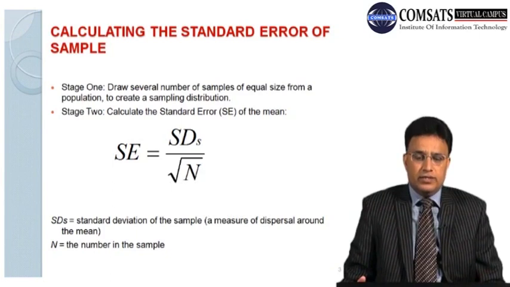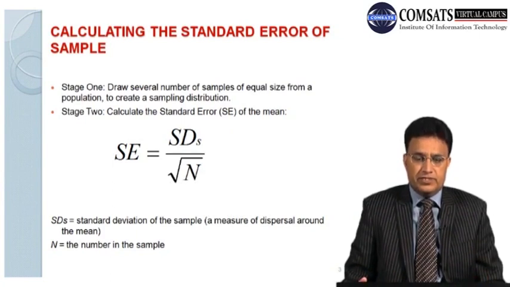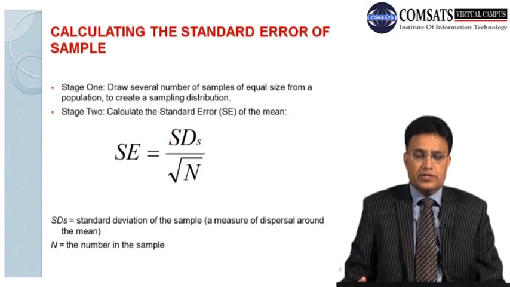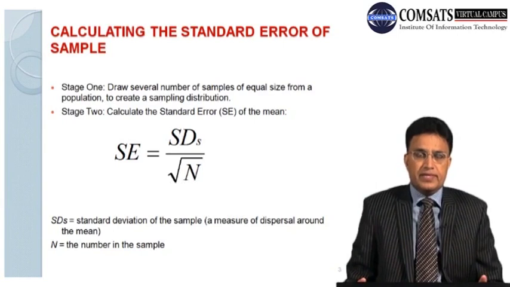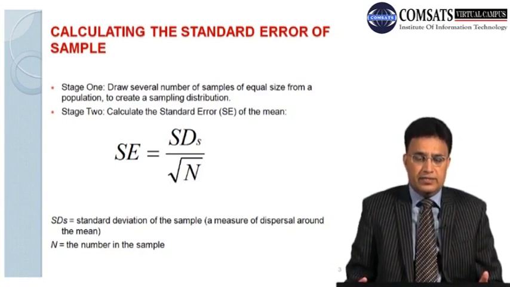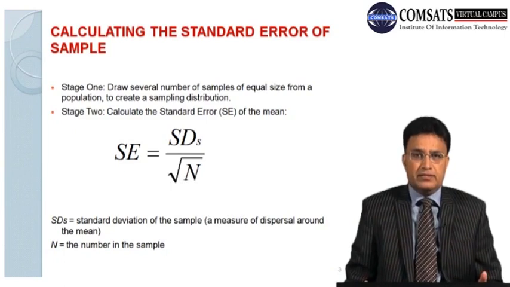At stage number 1, draw several samples of equal size from a population to create a sampling distribution. And at stage number 2, calculate the standard error, that is SE, of the mean.